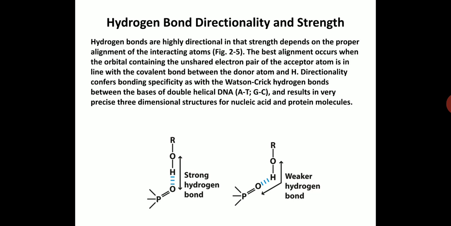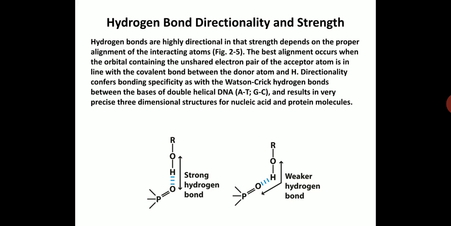Hydrogen bond directionality and the strength. Hydrogen bonds are highly directional, and the strength depends on the proper alignment of the interactions. As we can see in the diagram, the best alignment occurs when the orbital containing the unshared electron pair of the acceptor atom is in line with the covalent bond between the donor atom and the hydrogen.